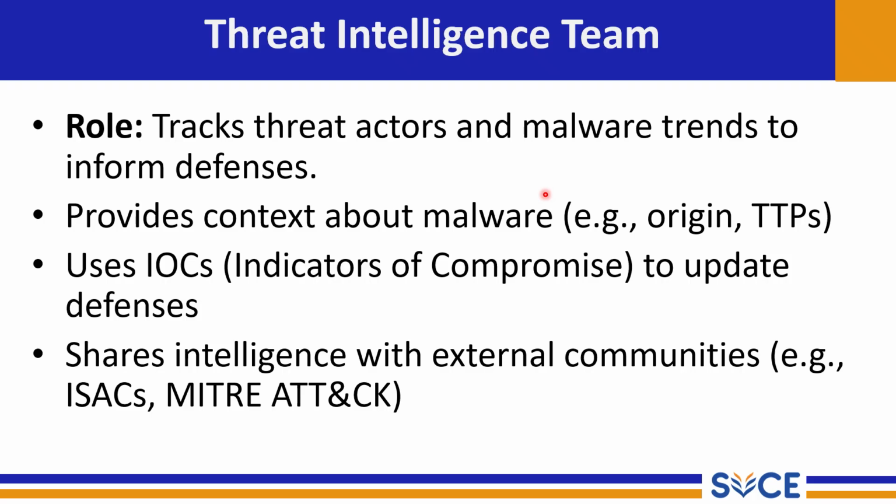Then proactive defense: by understanding the threat landscape and specific malware targeting the organization, the threat intelligence team enables the security team to implement proactive measures like updating firewalls, enhancing endpoint protection, and improving security awareness training. This threat intelligence enhances incident response by providing crucial information for identifying, containing, and eradicating the malware infection, which is more effective.